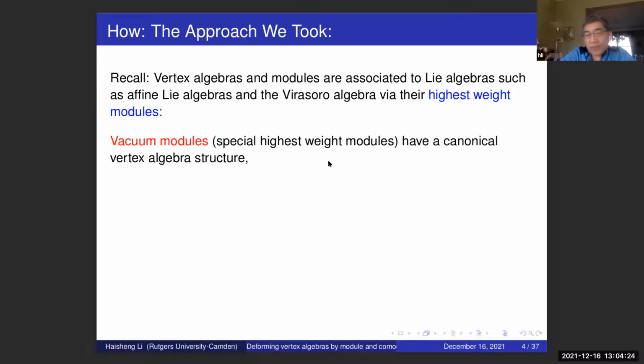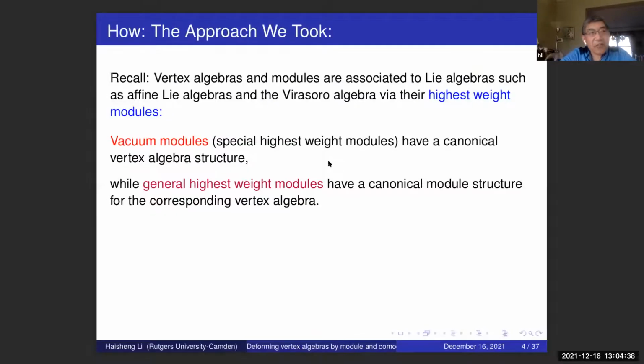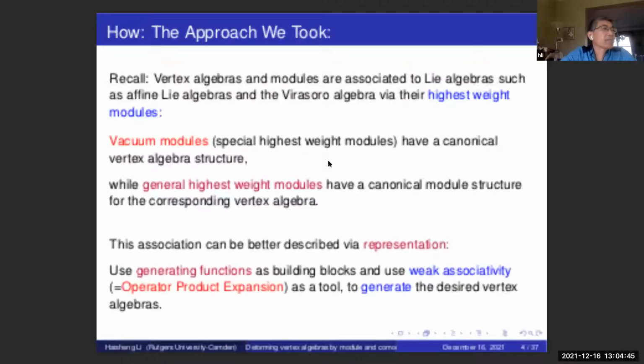More specifically, for an untwisted affine algebra, we can talk about a special highest-weight module called the vacuum module. Then the vacuum module has a vertex algebra structure. Other general highest-weight modules become modules for the vertex algebra.